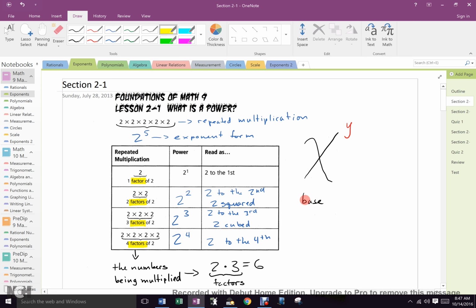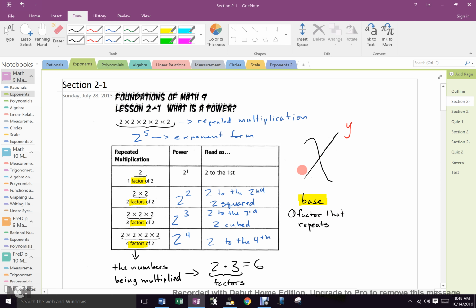And I'm going to highlight that because that's a new word that I'm going to be using through this whole unit. Okay? And the base is 2 different things. One, it's the factor that repeats. So whatever number is there, that's what repeats.